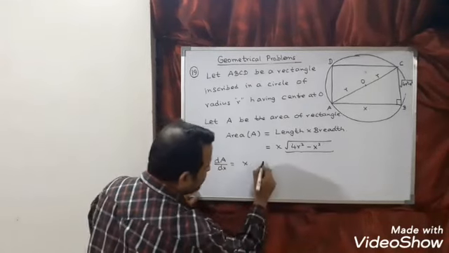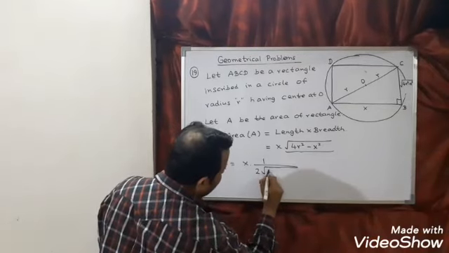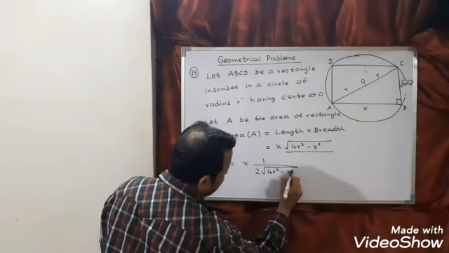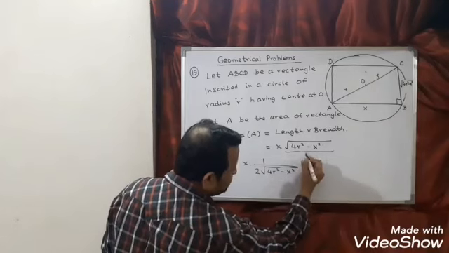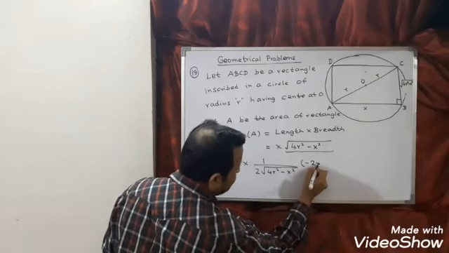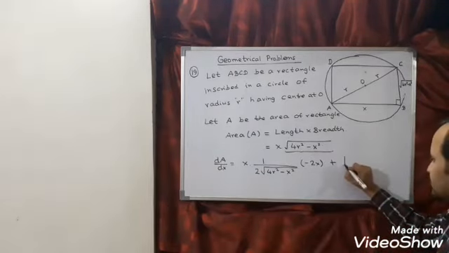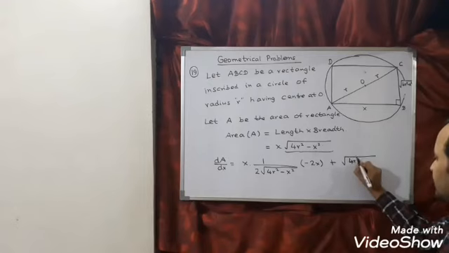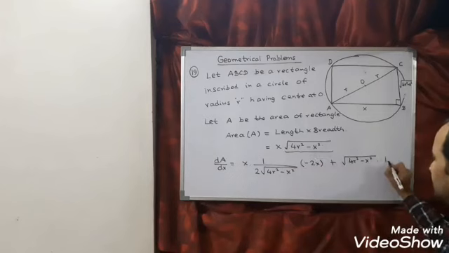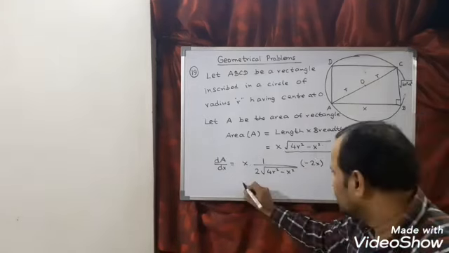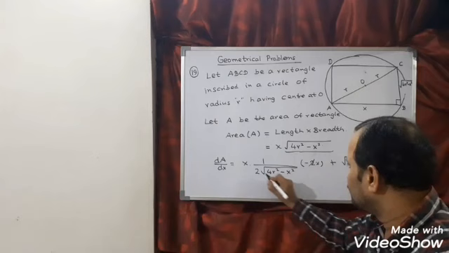What is the differentiation of root? 1 divided by 2 times square root of 4R square minus X square into differentiation of 4R square minus X square, which is 0 and minus 2x, chain rule, plus second function, which is X, into differentiation of... first function, 4R square minus X square under root, into differentiation of x, which is nothing but 1. Let us simplify this. You can see here 2 will get cancelled.